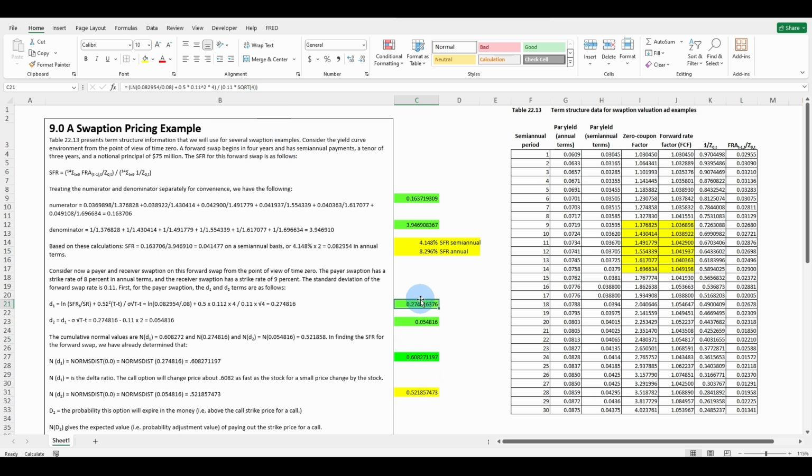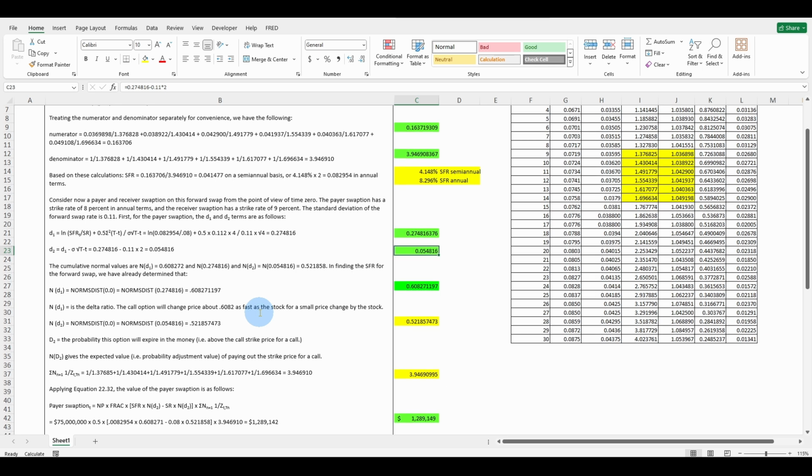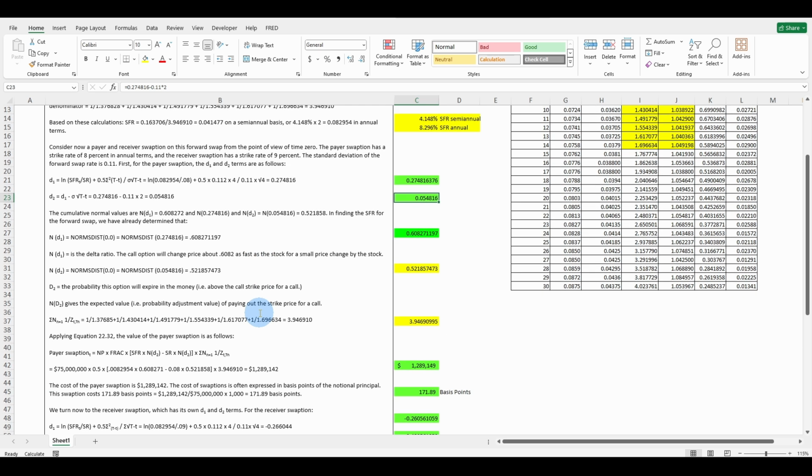d2 is going to be d1 minus the standard deviation times the square root of time. Then the cumulative normal values are going to be the normal distribution of d1 and d2.